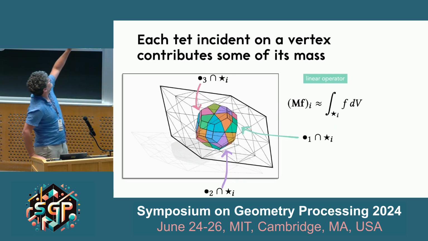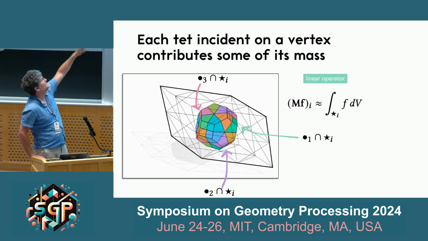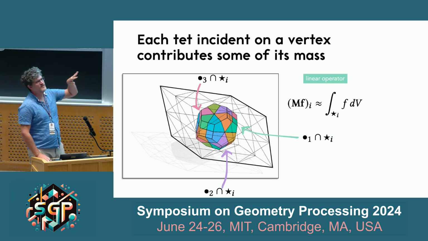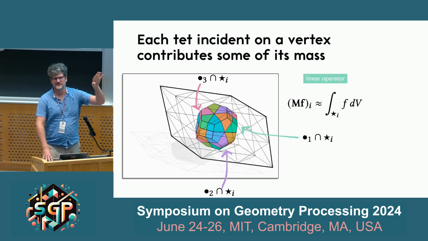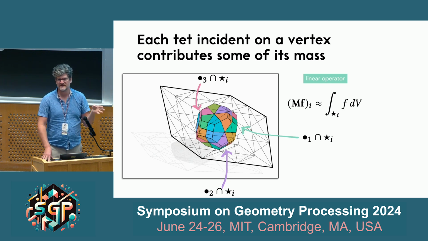And if we look at the volume around a particular vertex, I'm going to make a choice here, like most of the previous finite element methods, that we only consider mass contributions by neighboring tetrahedra. So each tetrahedron contributes some of its mass to that vertex, and I'm referring to the primal volume of a tetrahedron using this dark circle.